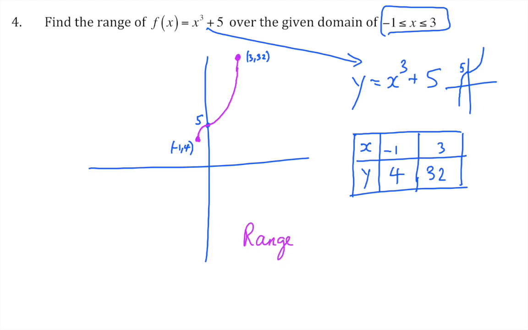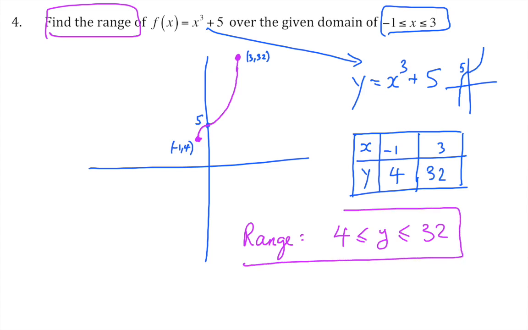Because that's what the question asks you to do. It says find the range. It didn't even ask me to graph it, but by graphing it, I can visually see the range. My lowest point has a y value of 4. My highest point has a y value of 32. Range are y values, so there is the range for my graph, from 4 through to 32 inclusive.